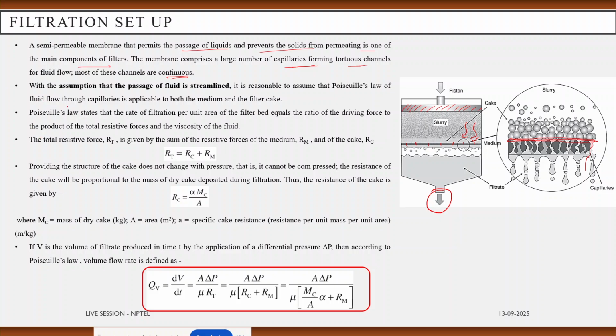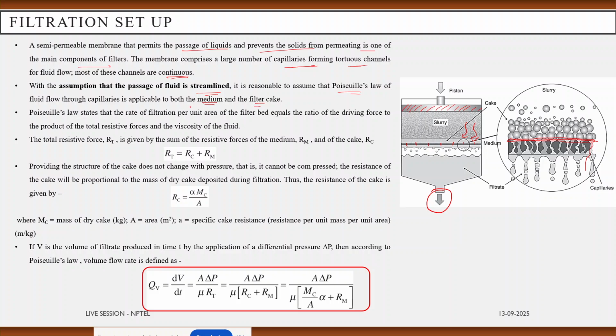So here we have assumed that the passage of the fluid is streamlined, and it is reasonable to assume that Poiseuille's law of fluid flow through capillaries is applicable to both the filter medium and the cake medium.